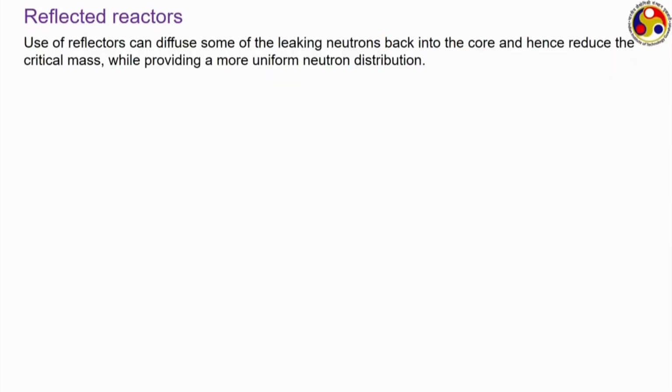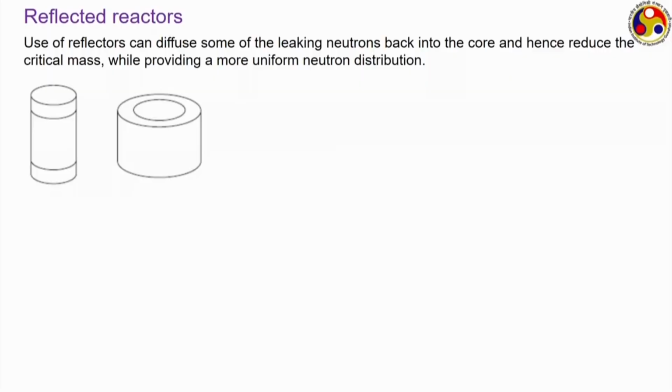Reflectors are materials which have a higher scattering cross section, and so they can reflect or diffuse some neutrons back into the reactor, and hence provide a reduction in the critical mass of the reactor. But it can also provide a more uniform neutron distribution, and here we can see how that can be done.